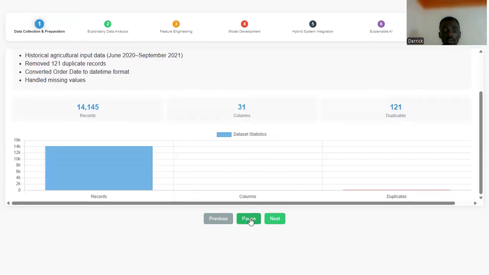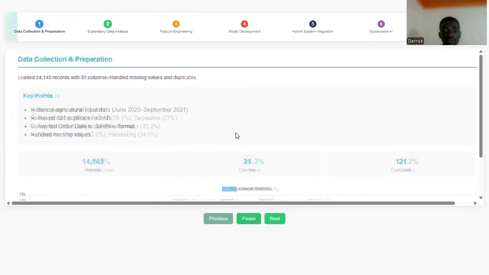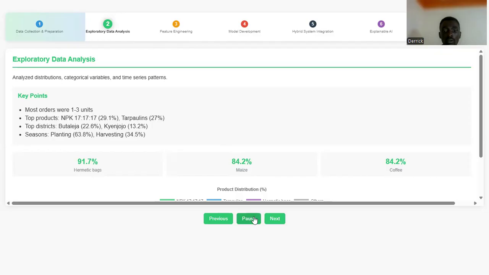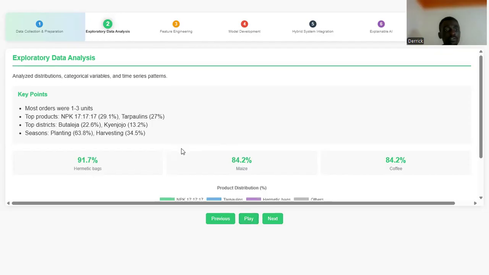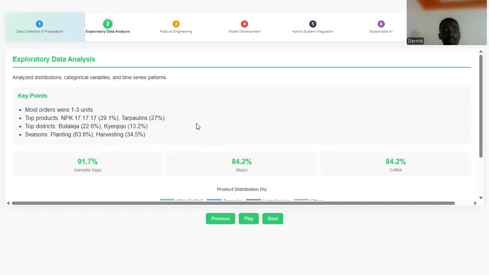In our exploratory data analysis, most orders were between 1 to 3 units. The top product was the NPK 17, which comprised 29.1%, and then tarpaulins. The top districts were Butaleja and Jojo.